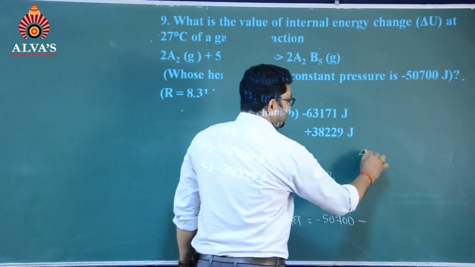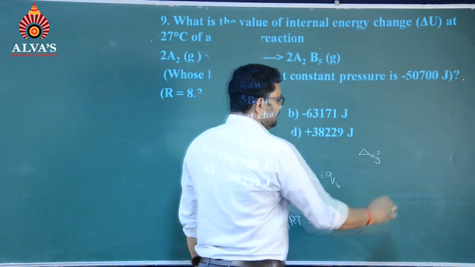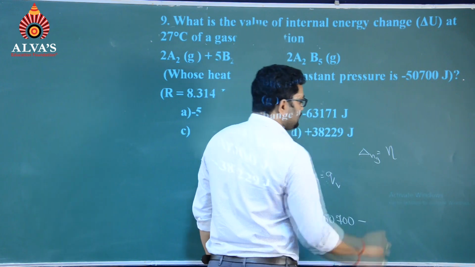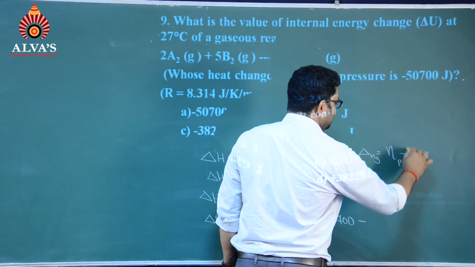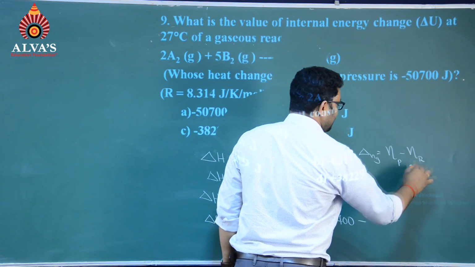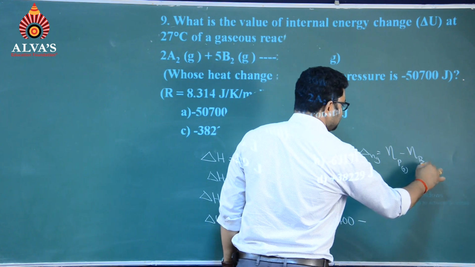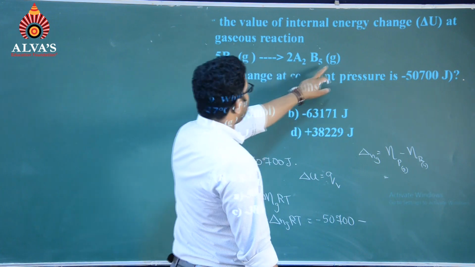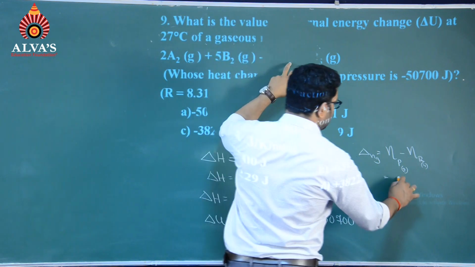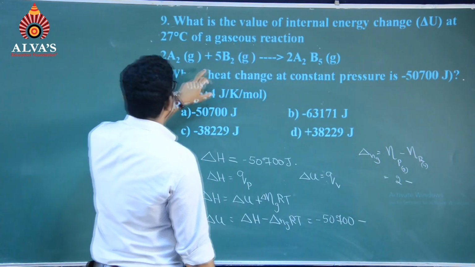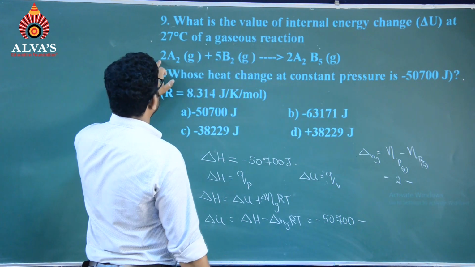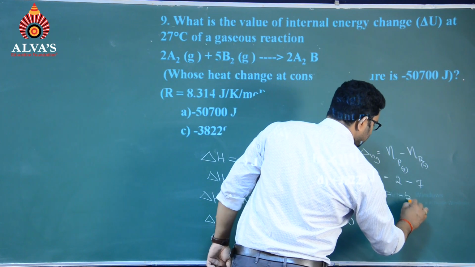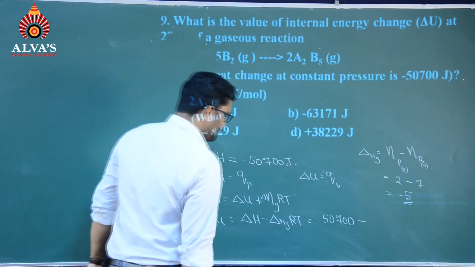Students, delta Ng means the number of moles of gaseous products minus the number of moles of gaseous reactants. The product has 2 moles, and the reactants have 2 plus 5, 7 moles of gas, so the delta Ng value is minus 5.